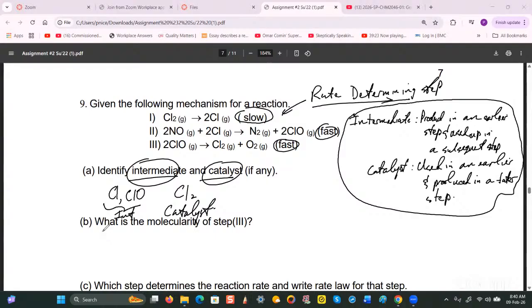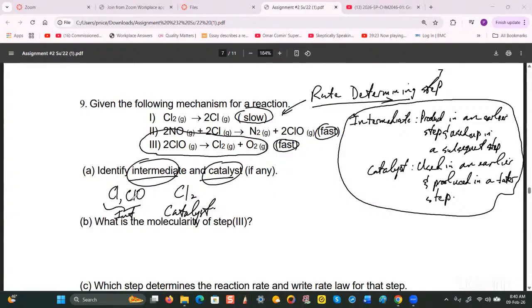B is asking, what is the, I keep messing up this word, what is the molecularity of step 3? So this is step 3 right here. Remember what we said the molecularity is. It's the number of reactant molecules in that step. One?